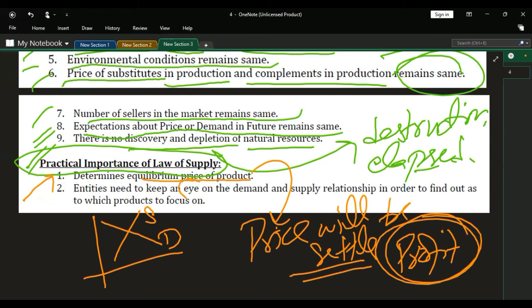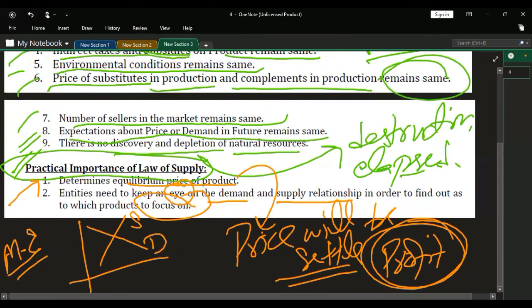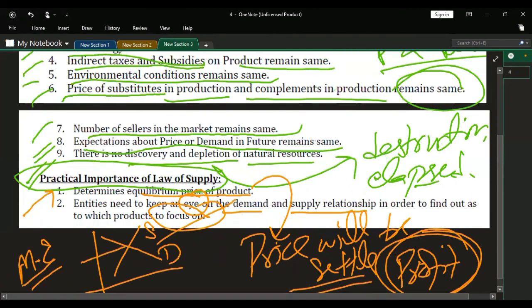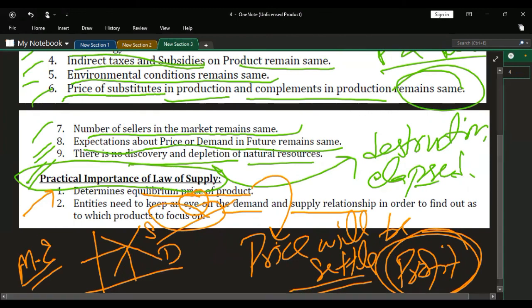Entities need to keep an eye on the demand and supply relationship in order to find out which product to focus on. For example, this is the market equilibrium position, and this is the equilibrium level where demand and supply are both equal. The seller must understand the demand.